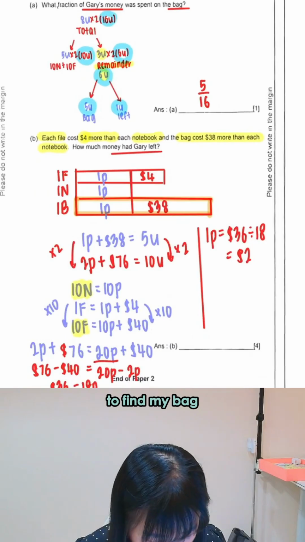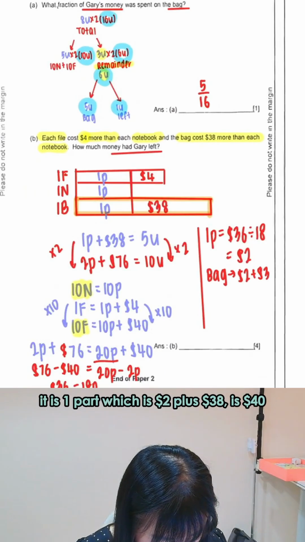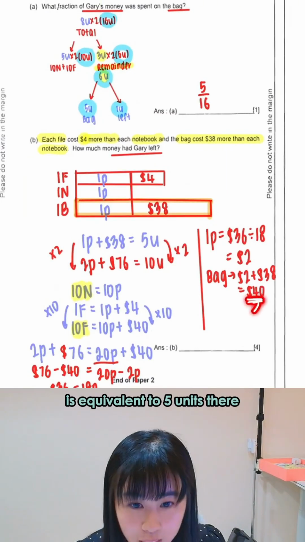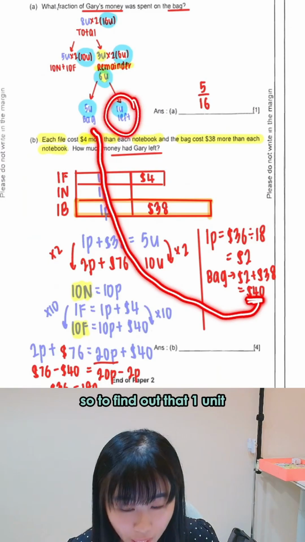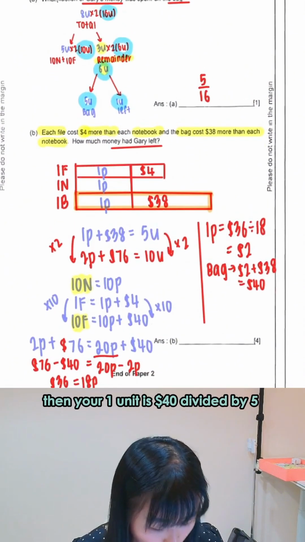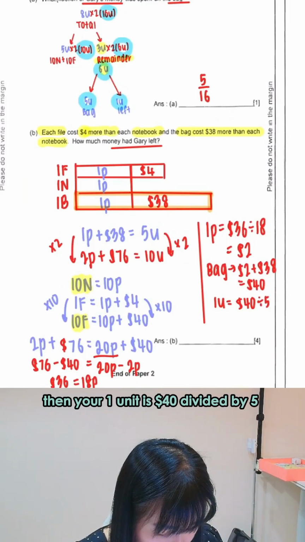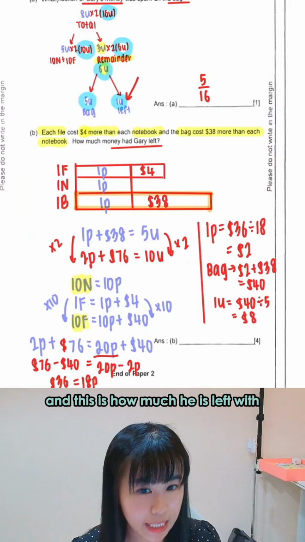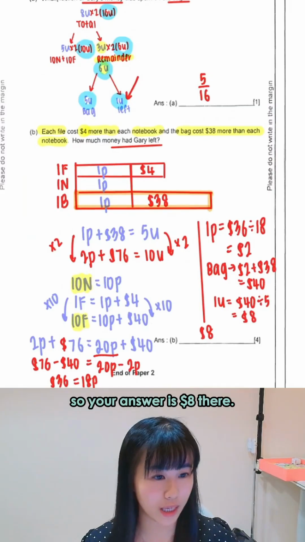To find my bag, it is 1 part, which is $2, plus $38, which is $40. And this bag, $40, is equivalent to 5 units. So, to find out 1 unit, if 5 units is $40, then 1 unit is $40 divided by 5. That's how you get 1 unit is $8, and this is how much he is left with, which is 1 unit. Okay, so your answer is $8.